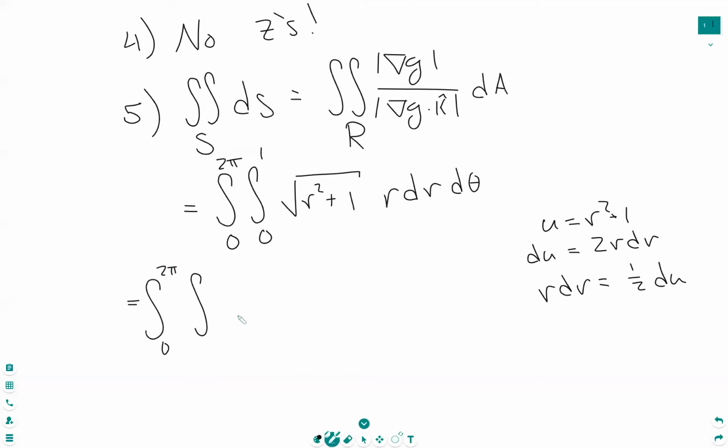And then we have to do our u integral. If r is 0, u is 1. And if r is 1, then u is 2. Then we have our 1/2 square root of u du d theta.